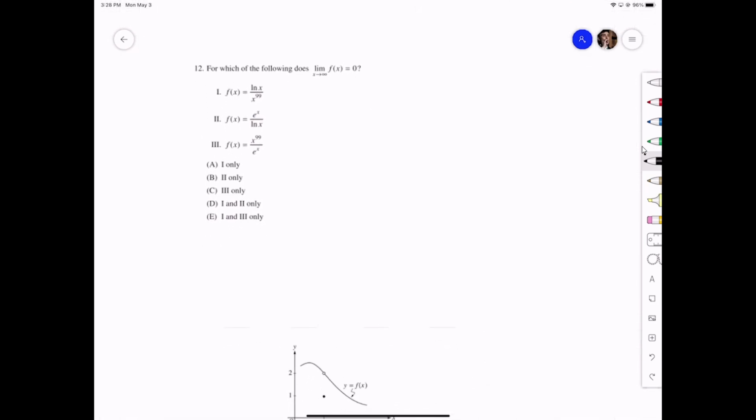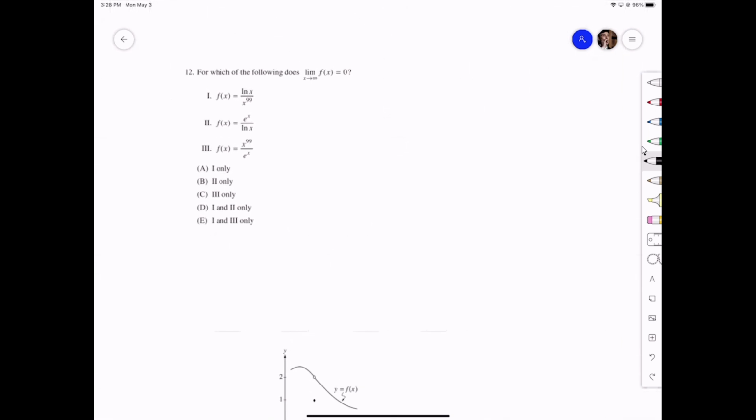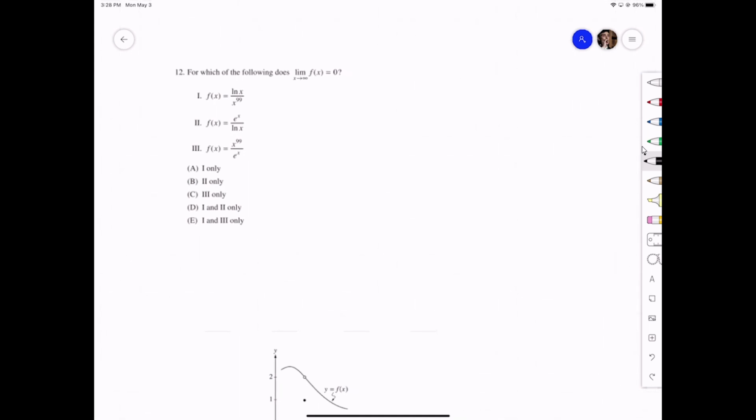For which of the following does the limit as x approaches infinity of f of x equal 0? Okay, so you could just do L'Hopital's rule for all of these. So for the first one, if you plug in infinity, you get infinity over infinity.